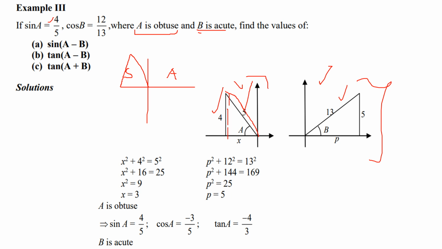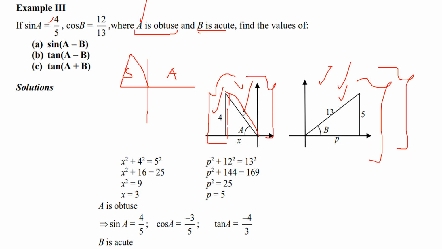Now these sketches have a particular way to look. Every sketch you draw must be in line with where that trig function lies. A, they told us, is obtuse, that's why it's lying in the second quadrant, and its sketch is going to appear like this. And then B is acute, that's why its sketch is appearing like this, because it's in the first quadrant.